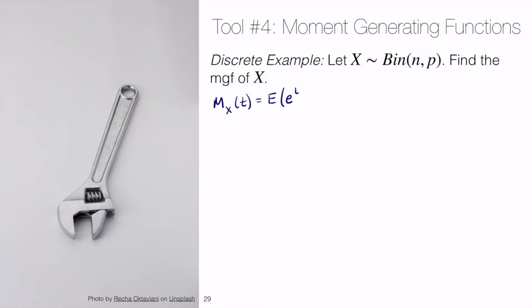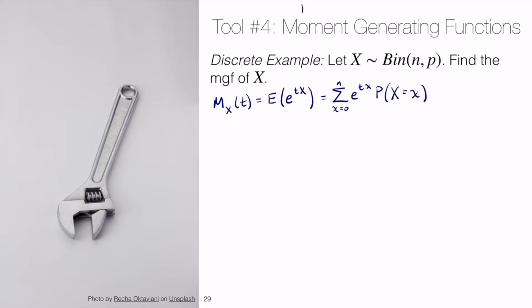So the expectation of e to the t times x will be a sum over all of the relevant values of x here, 0 up through n, of e to the tx times the probability mass function of x.